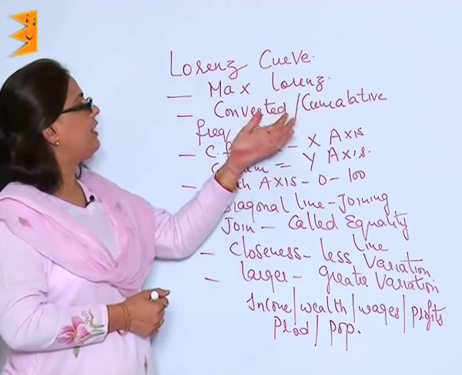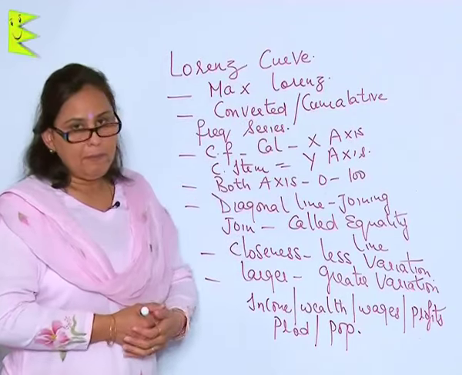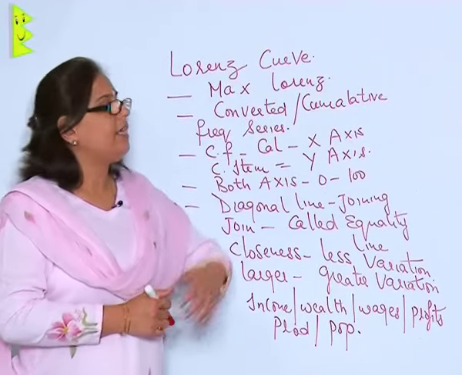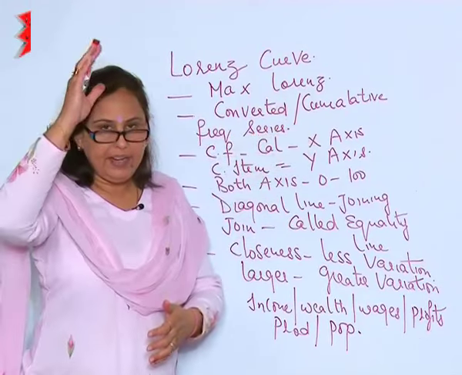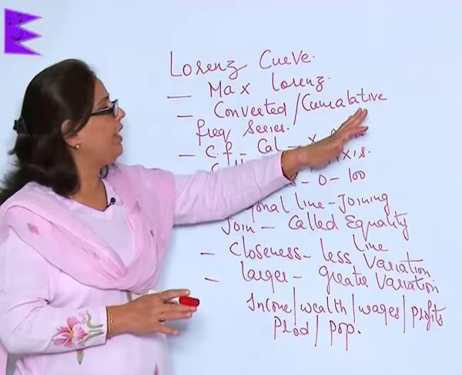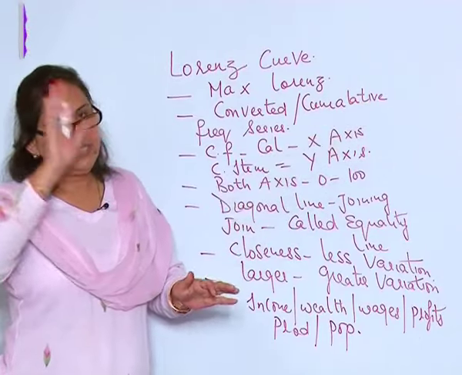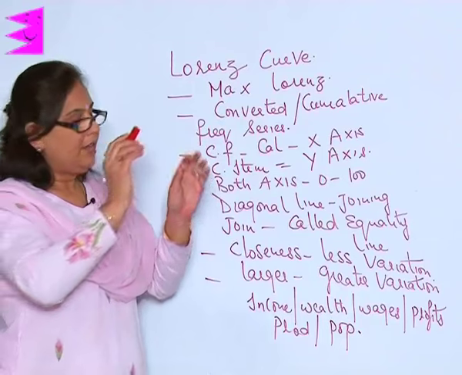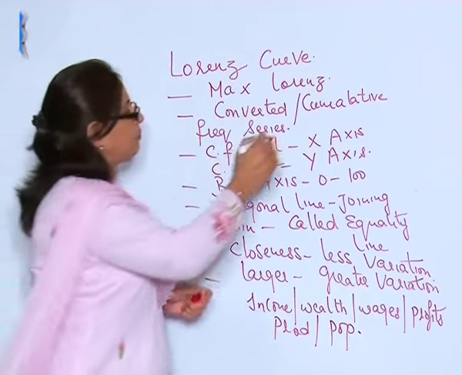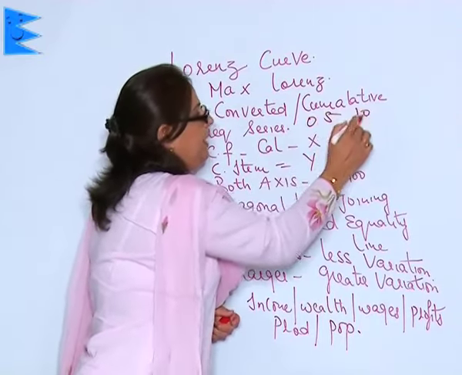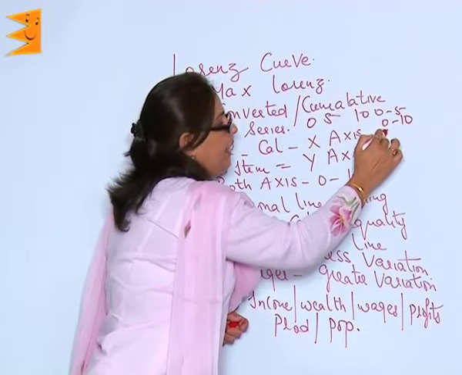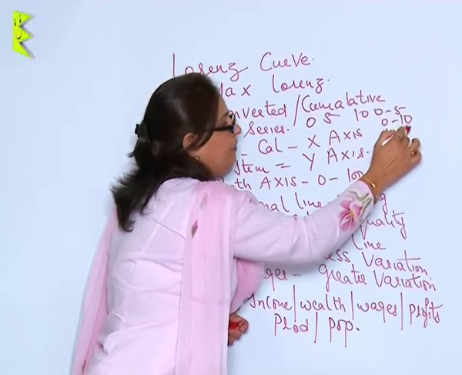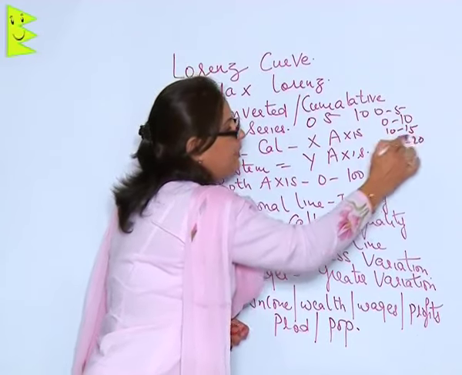To construct this Lorenz curve, the first step is that we convert the entire series into the cumulative frequency series. That is, supposing it is 0 to 5, 0 to 10, and from 10 to 15 and 15 to 20 and so on.